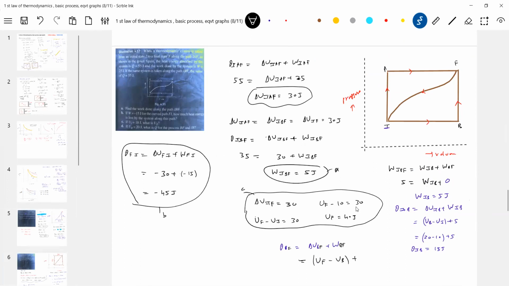Do we know W_BF? W_BF we know it is 0. Now U_F minus U_B. U_F is how much? U_F is 40. U_B we calculated somewhere, U_B is 20.